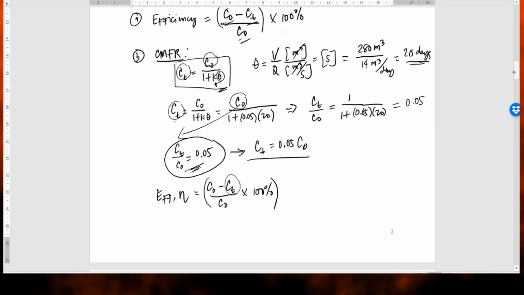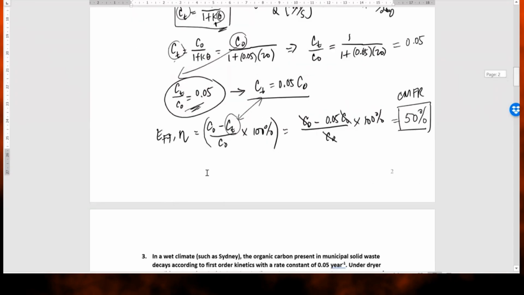We have C sub T here, so we just incorporate that value: C naught minus 0.5 C naught over C naught times 100. We can cancel C naught, and the answer is 50%. So that's 50% for CMFR.